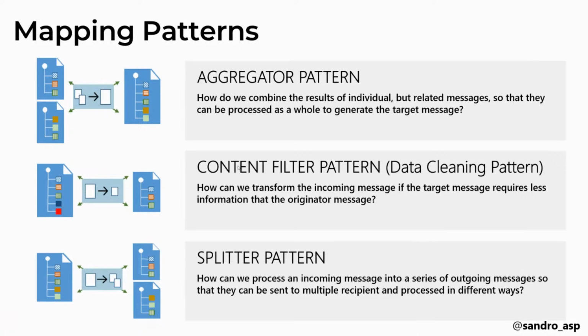Based on this information, we join the two messages, grab specific data from message 1 and message 2, and generate the destination message. So we have two input messages going to a single message on the destination. We are aggregating information.